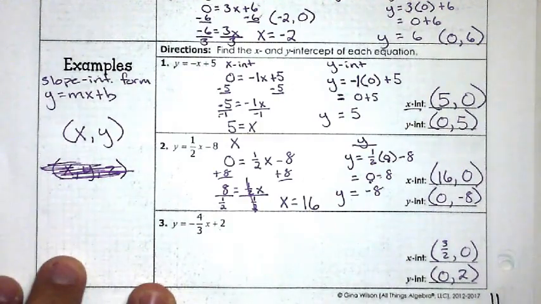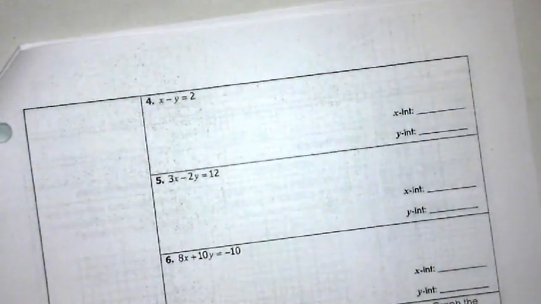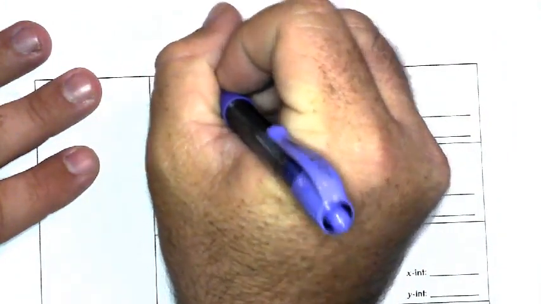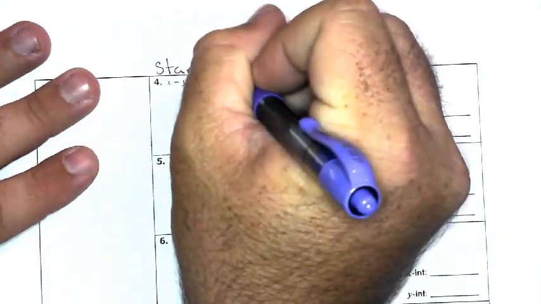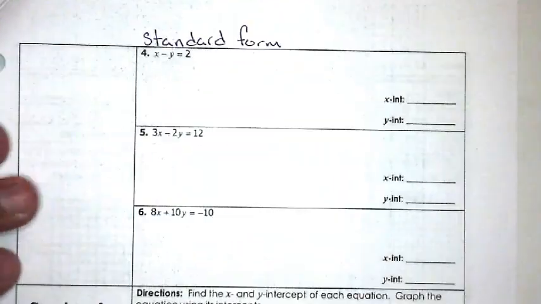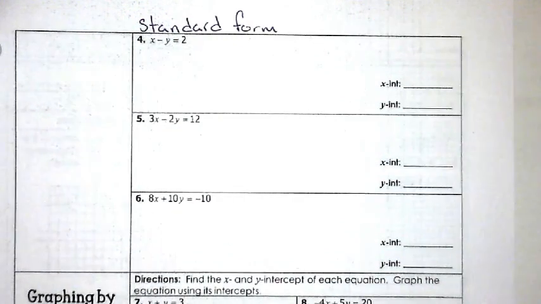Now we're going to talk about standard form, and Corbin is going to erase what's up there. Thank you, Corbin. So we just talked about what form? Slope-intercept. Thank you, checkers. Okay, now standard form is when the x and the y are both on the same side.